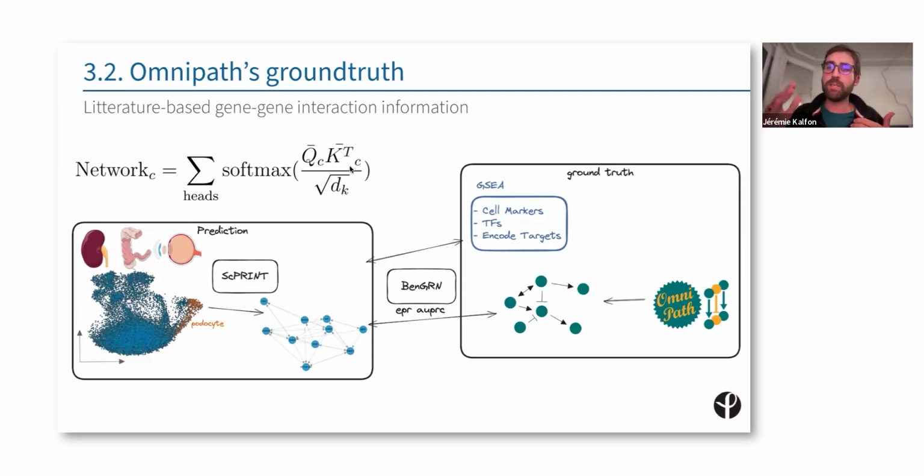So when we do the forward passes, we store the Qs and the Ks, and we take the averages of those, in a way that allows all of the keys and the queries to attend to every other key and query across the cells. It also denoises the attention matrices a bit. We've seen that it works quite well in many instances. Some of them maybe a bit less, but most of the time this is a very good solution. And it allows you to generate a genome-wide gene network, which is something that most models cannot do, like a gene network of 20,000 by 20,000 elements.